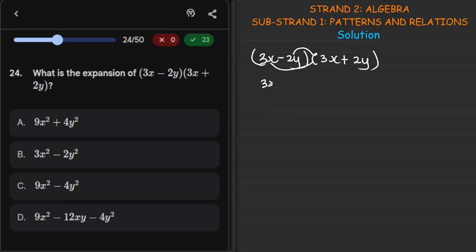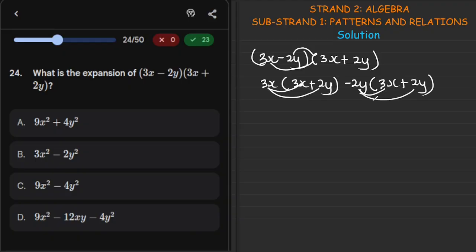So we have 3x into bracket 3x plus 2y, then negative 2y into bracket 3x plus 2y. So 3x multiplies this and then also multiplies this as well. And negative 2y also does the same here.